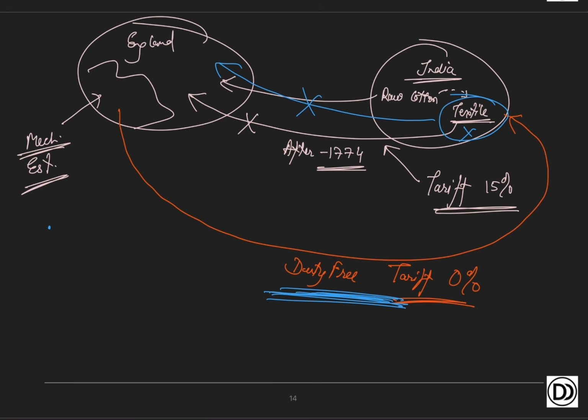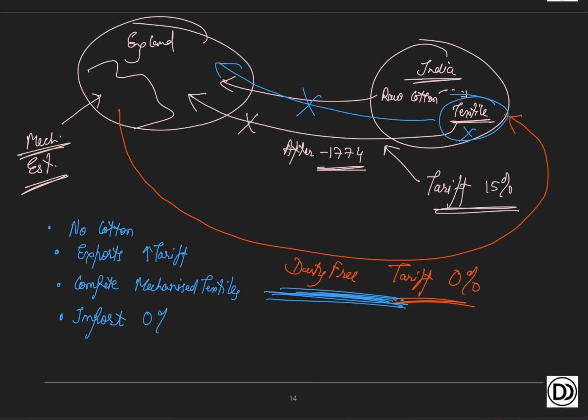Which means here Indian textile manufacturers have no cotton as supply, exports have a high tariff, they have to compete with mechanized textiles, and the import of these mechanized textiles has zero tariff.